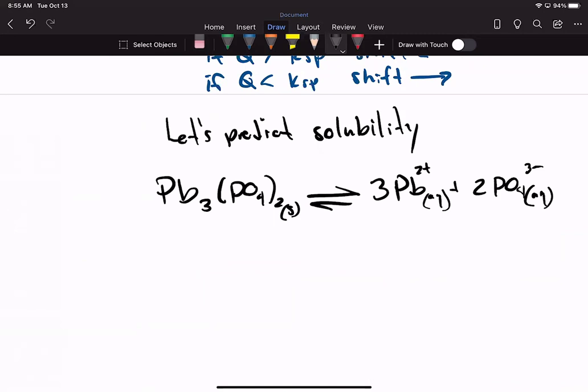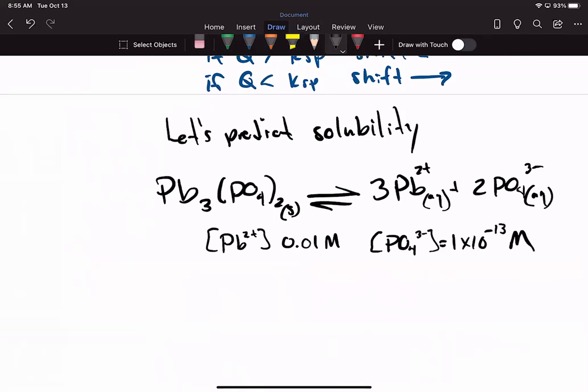And let's give you some concentrations here. Let's say the molar solubility of lead 2 is 0.01 molar, and the molar solubility of phosphate is 1 times 10 to the minus 13 molar.